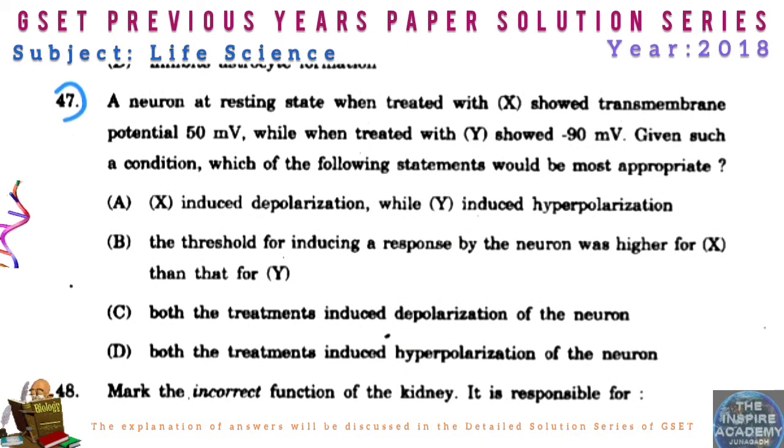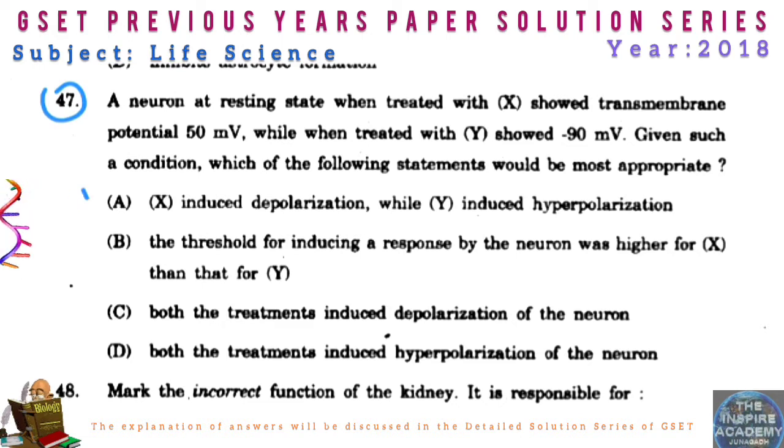Question number 47. A neuron at resting state when treated with X showed transmembrane potential 50 microvolt, while when treated with Y showed -90 microvolt. Given such a condition, which of the following statements would be most appropriate?